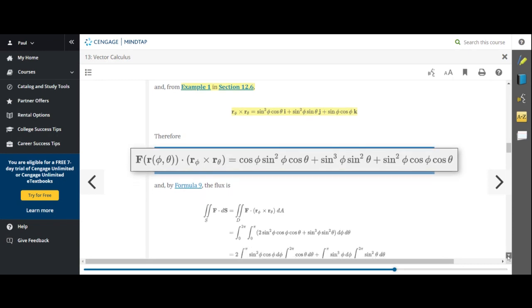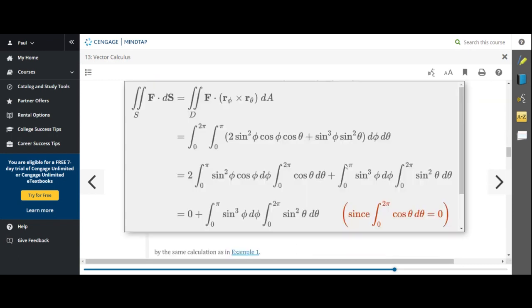And so phi goes from 0 to pi, because it's the entire sphere. Theta goes from 0 to 2 pi. And you have a double integral of a sum, that's the sum of the double integrals.